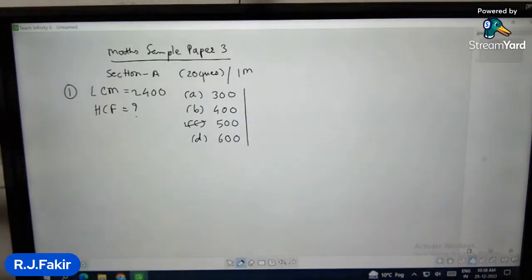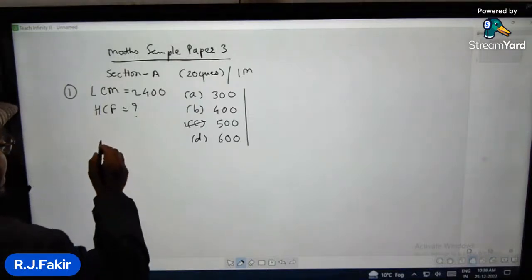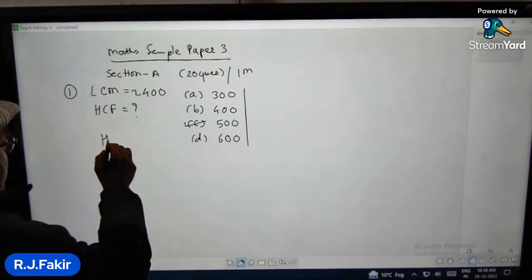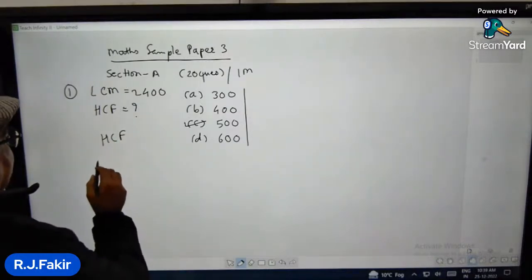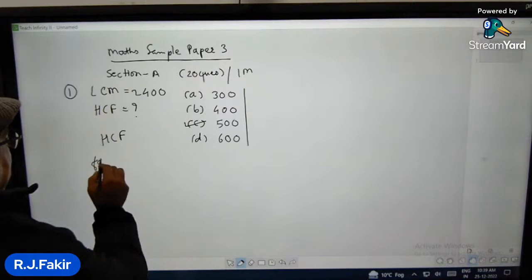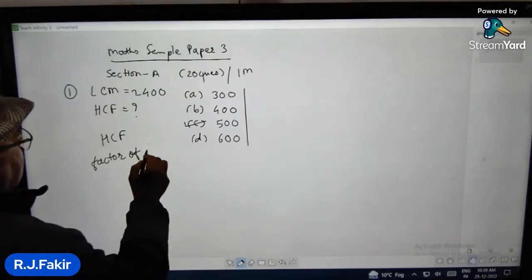The reason being, the HCF of two numbers is always a factor of the LCM of the given numbers.